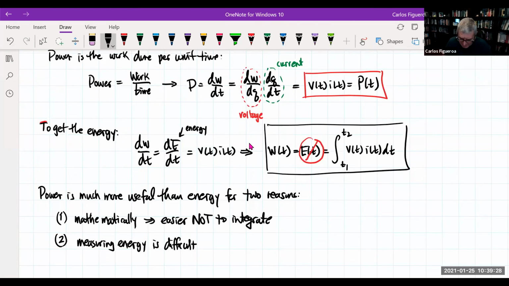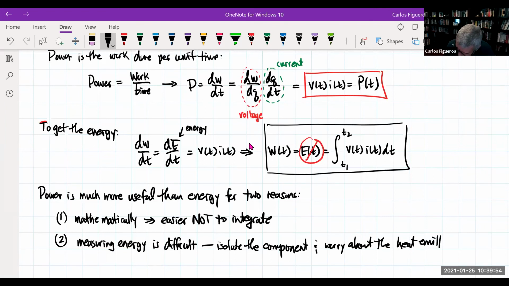The reason is that you have to isolate the component or element and worry about the heat emitted by the element into the environment. And you've got to admit that that's pretty hard.